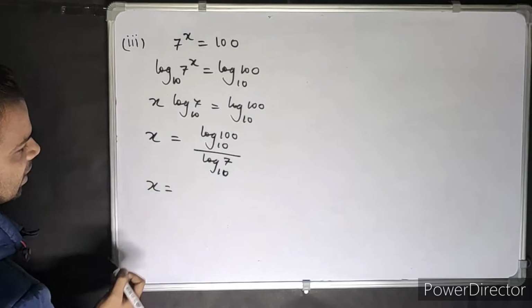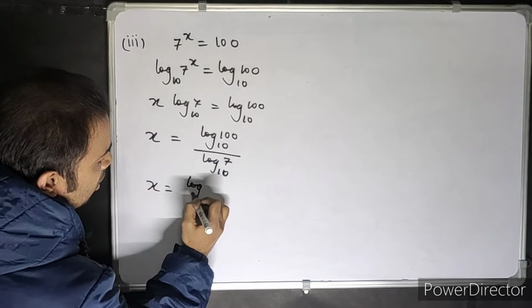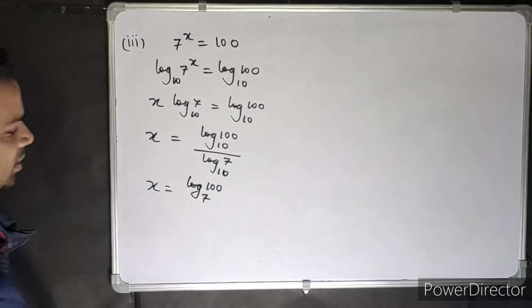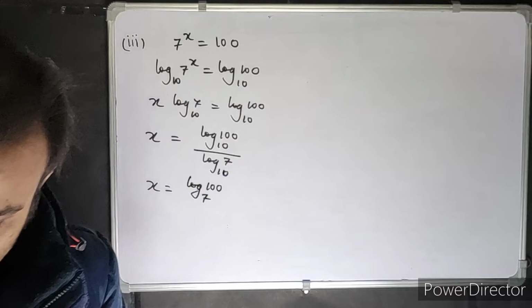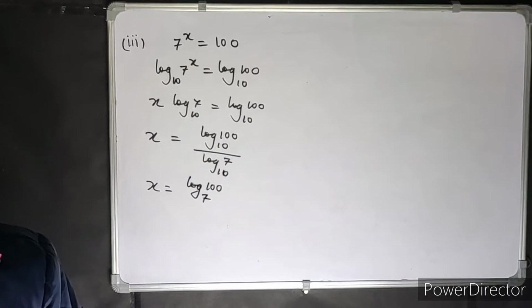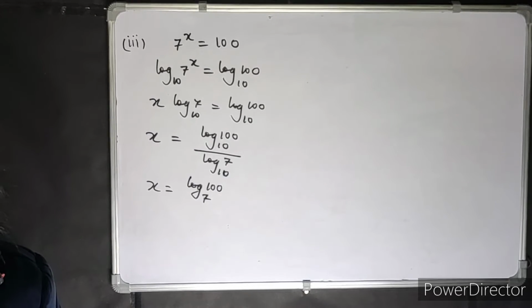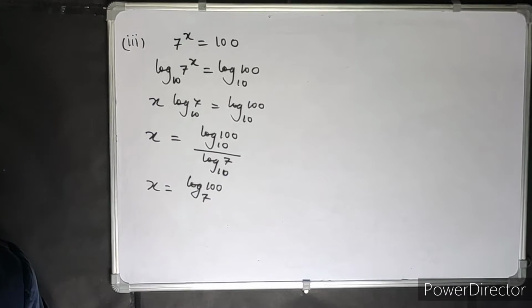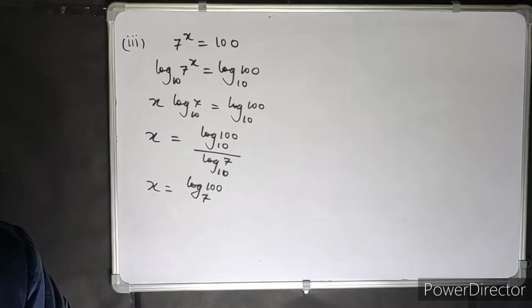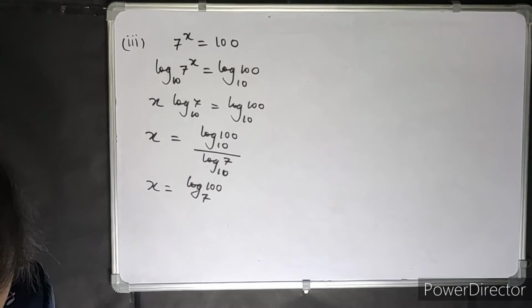I didn't check the previous answer. Let's check both these answers. The second one, I remember what it was, 9.1. Yes, log 64 base a is equal to 5 and log 100 base 7 is equal to x. Yes, it's correct, just given in the opposite way.